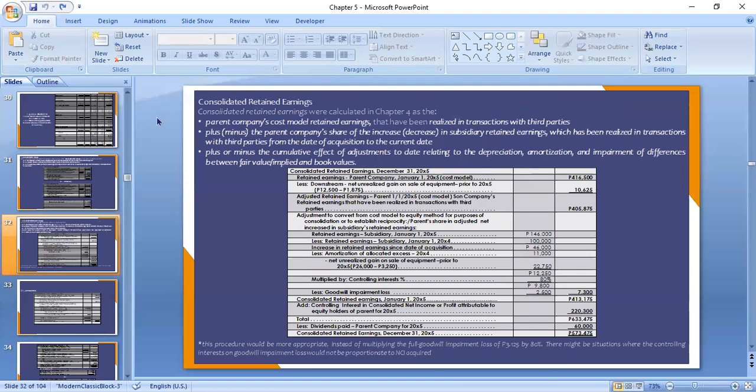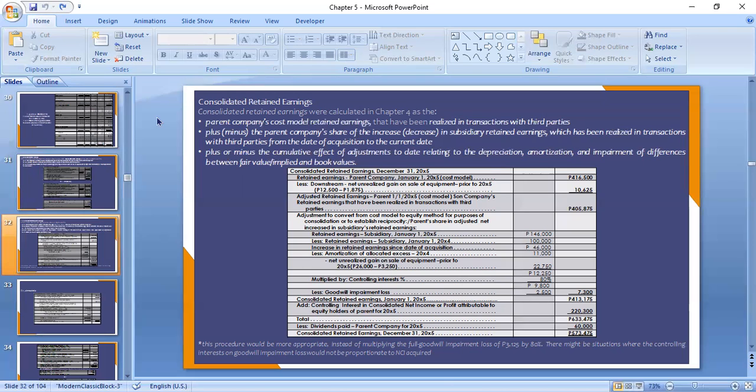So we have now the unrealized gain, which is to be deducted from the beginning retained earnings. Then we have the adjusted retained earnings of the parent using the cost model.